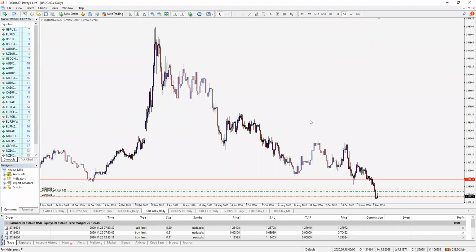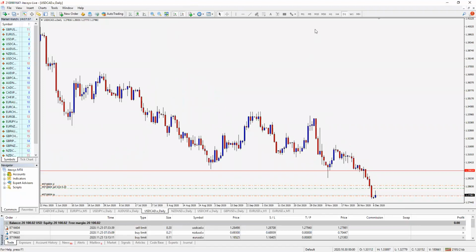USD CAD, similar to the franc, you can see we're trending lower and lower and lower. There have been some attempts to reject this red line, which is the 120.29 or 130.